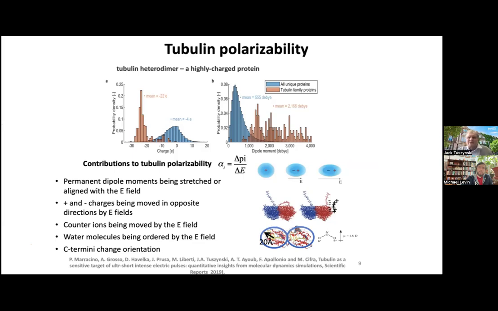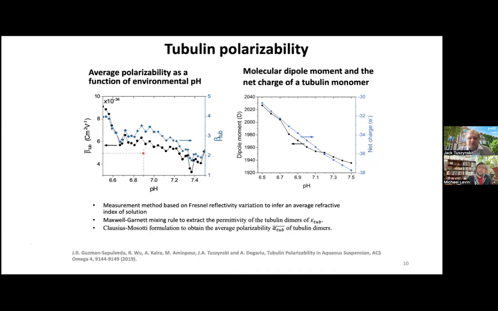So that's polarizability, and we were lucky enough to collaborate with Professor Dogariu from the University of Central Florida, where we measured for the first time, very accurately, several things, including polarizability as a function of pH.